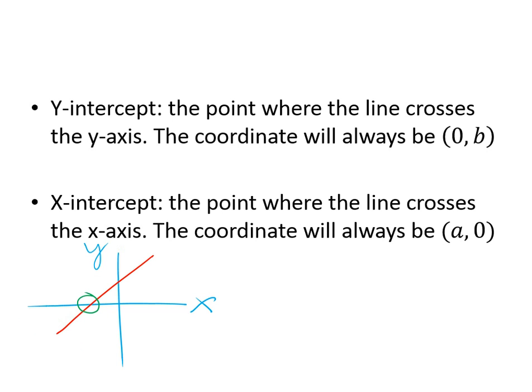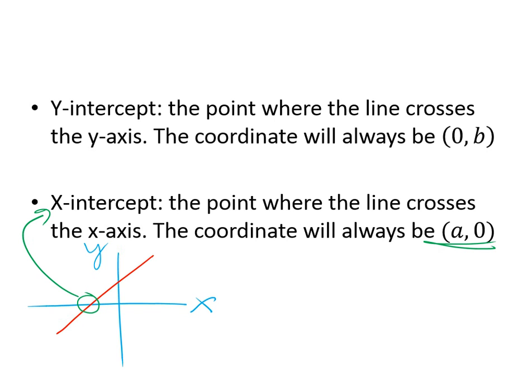This point right here, where it crosses the x-axis, is called our x-intercept. See? It goes together. The x-intercept is where it crosses the x-axis. And that point is always going to be some number comma 0. We just denote it as a comma 0. The y value at the x-intercept will always be 0.